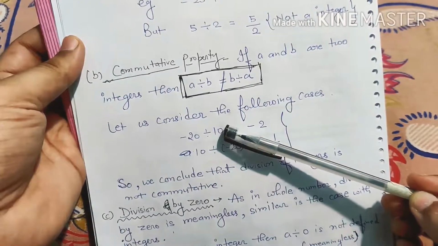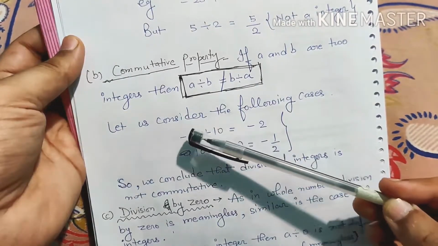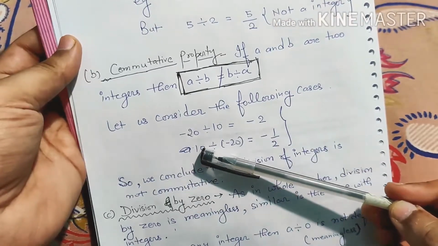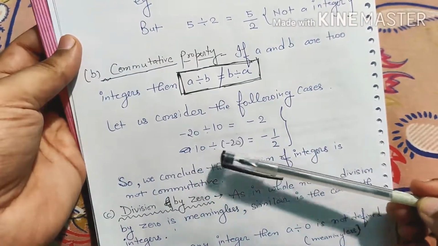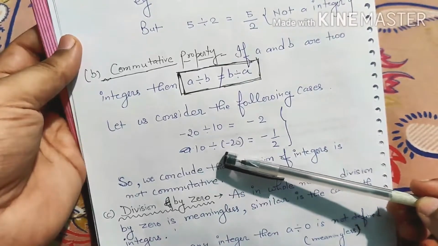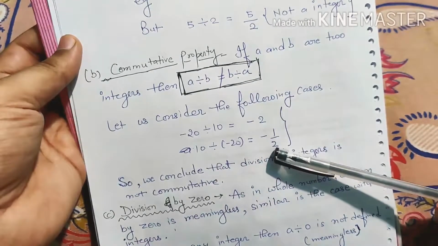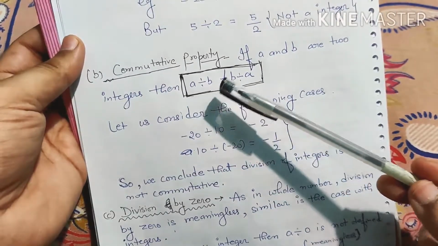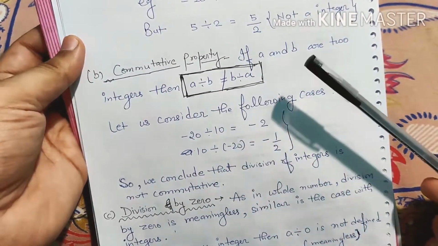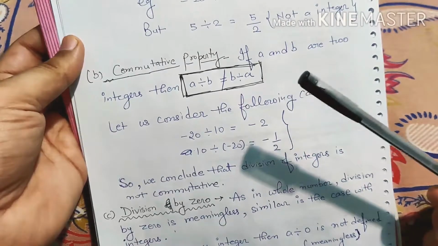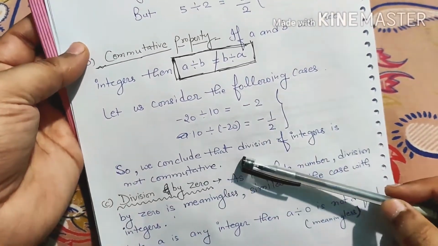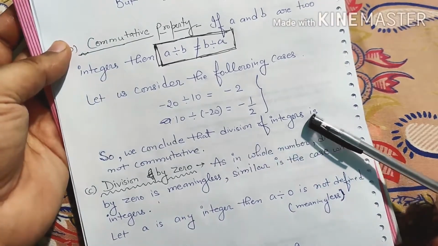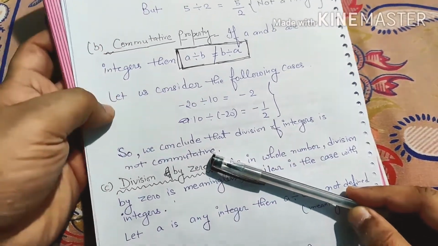Now placing 10 here and minus 20 here, we divide 10 upon minus 20, which is minus 1 upon 2. So it's proved that a divided by b does not equal b divided by a. So we conclude that the division of integers is not commutative.